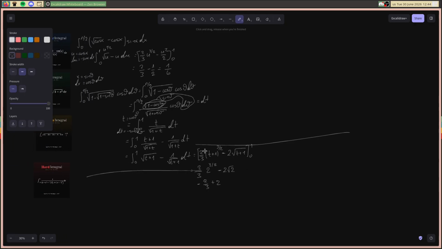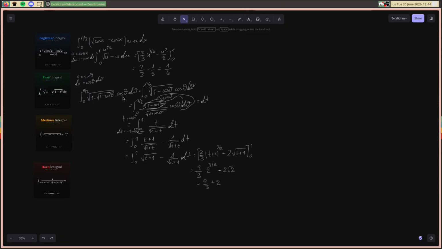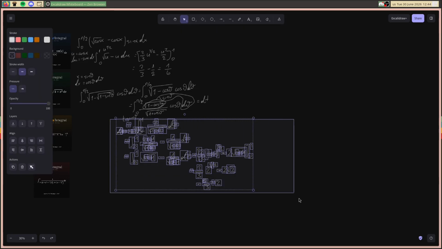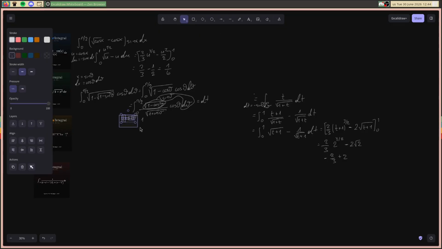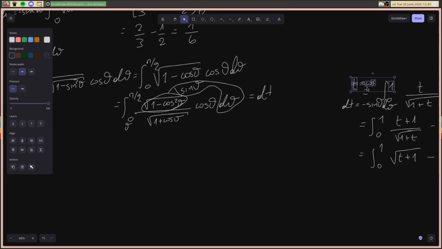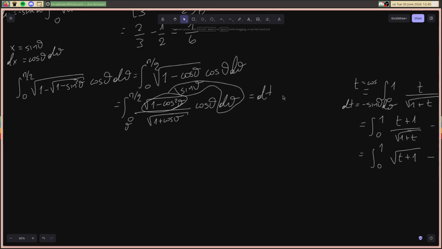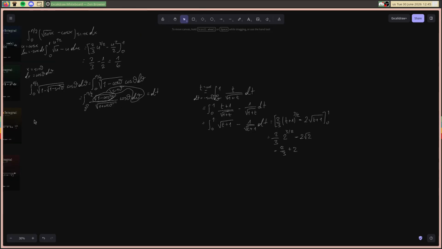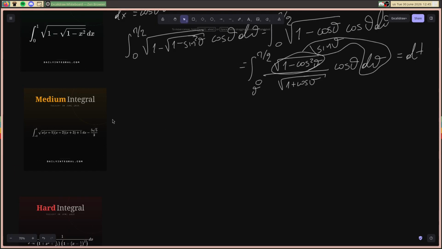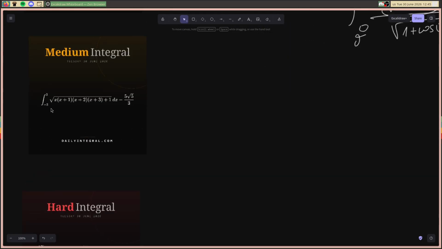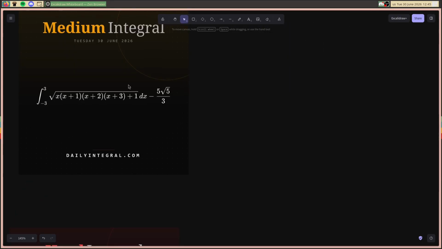And the medium one is actually kind of an interesting one. As usual, it utilizes some interesting tricks. I had a bit of trouble when I first saw it, but then I realized the following.